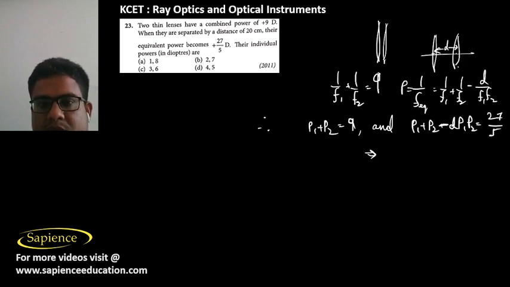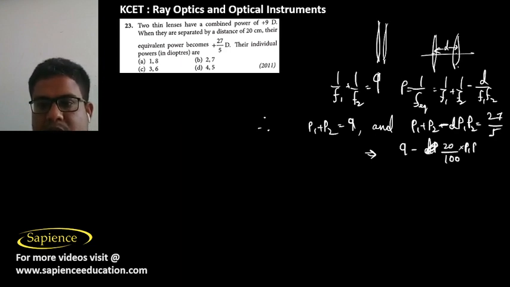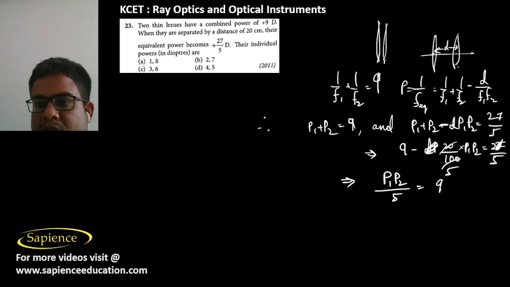So 9 minus d, which is 20 by 100 meters, into P1 P2 is equal to 27 by 5. So P1 P2 by 5 is equal to 9 minus 27 by 5.